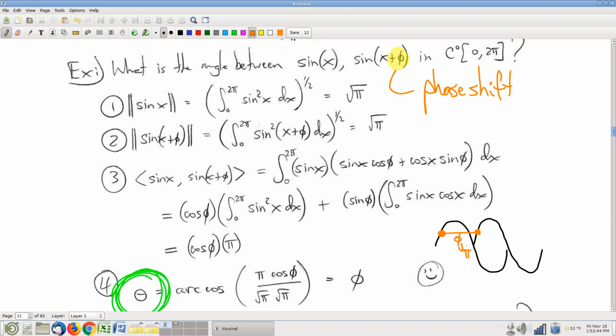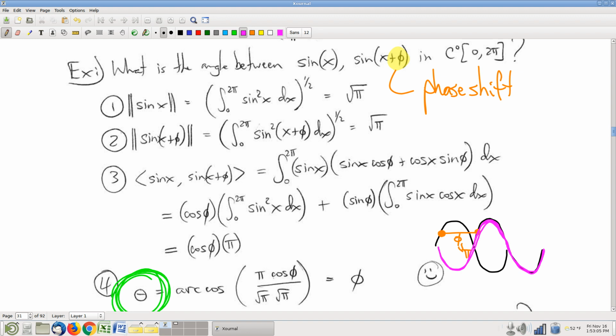If phi is equal to pi, well, then notice that this second function, if I continue it along, is exactly the negative of the first function. So when the phase shift is pi, these two functions are negatives of each other.